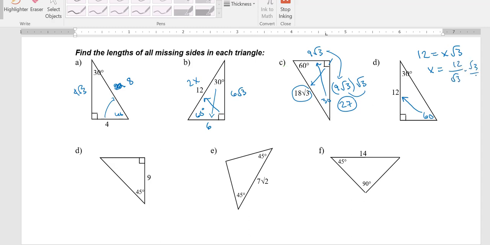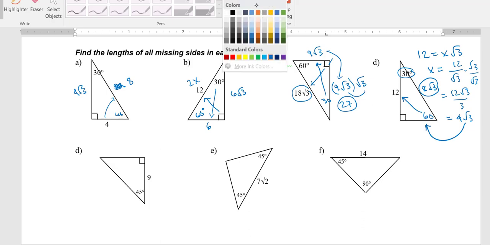Rationalize the denominator. So I'm going to get 12 root 3 over 3, or 4 root 3 is my x. That's going to be the side that's opposite of the 30 degree angle. And now the hypotenuse, we know, is just double that, so it's going to be 8 times the square root of 3.